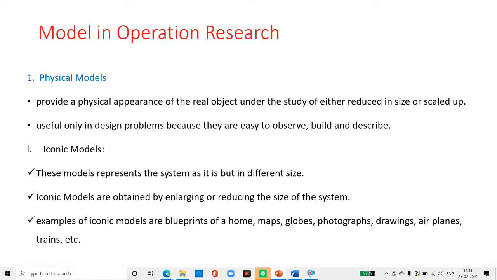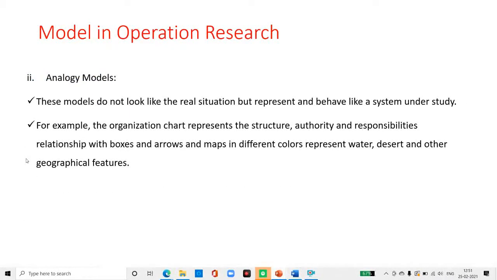Physical models are useful in design problems because they are easy to observe, build and describe. The physical models are classified into two categories. The first is the iconic models and the second is the analogy models.